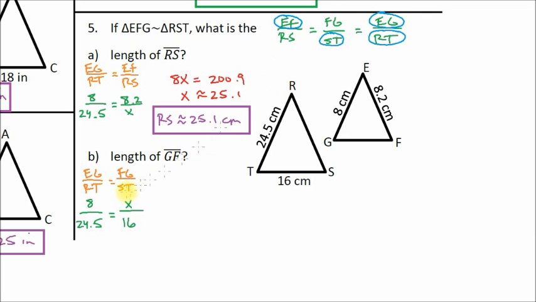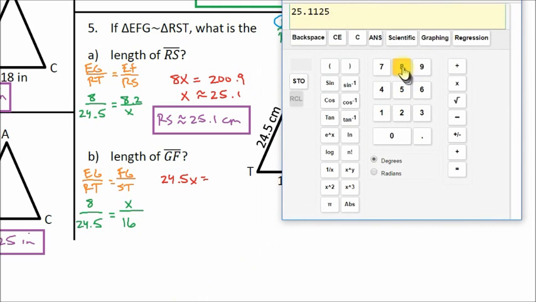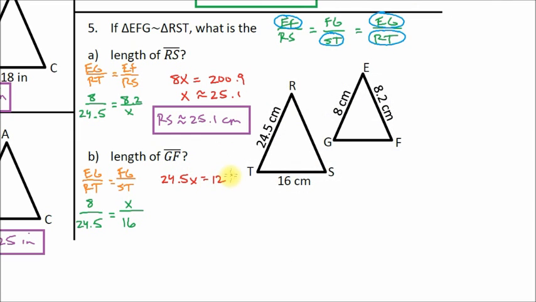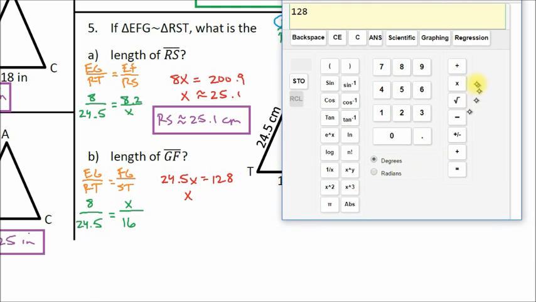All right, let's cross multiply. We've got x times 24.5. So 24.5x is equal to, we've got 8 times 16. 8 times 16. That's 128. Let's divide both sides by 24.5. 128 divided by 24.5 equals approximately 5.2.